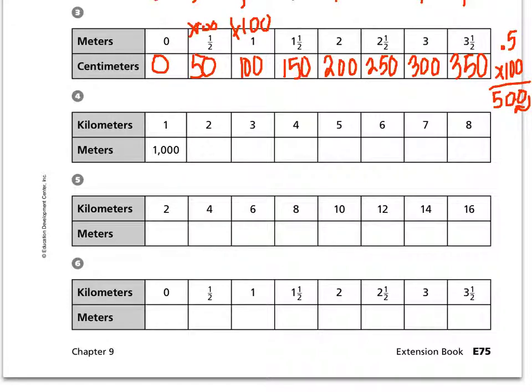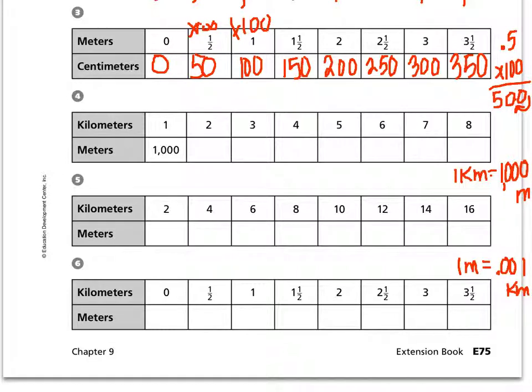Let's look at number 4. I see now that I'm going from kilometers to meters. I know that 1 kilometer equals 1,000 meters. And so I know that 1 meter is going to equal 1,000th of a kilometer.